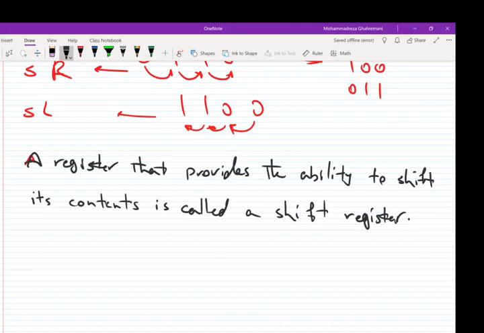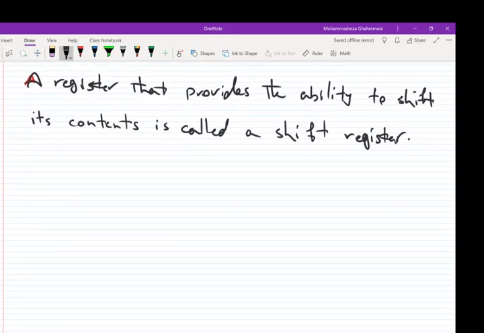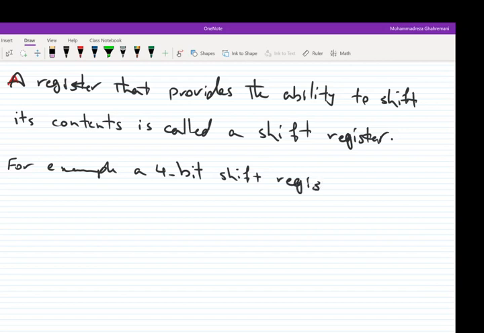So here we have a 4-bit shift register. For example, a 4-bit shift register is as follows.